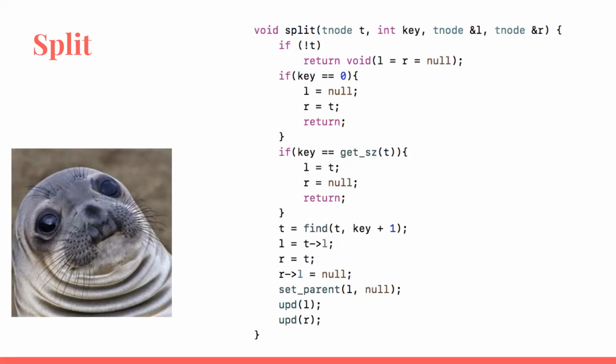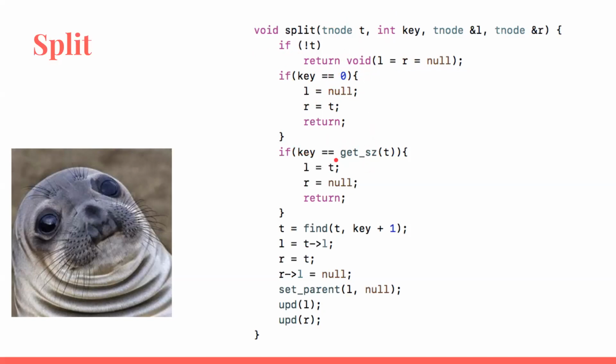So if we have key equal to 5, it means that in the left part, we should have exactly 5 elements. So if t doesn't exist, we just return null. If key is 0, it means that we should have an empty left part. So we're just saying that L is null and R is T.